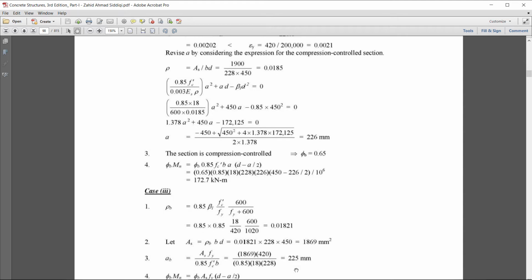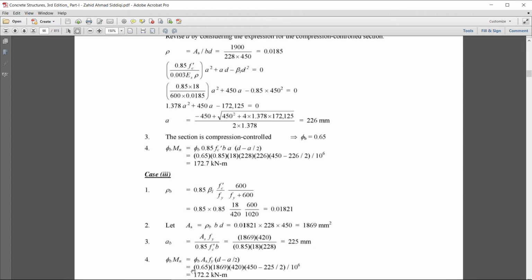So now at the end we will just calculate the moment capacity. Why are we using Fy? Because balanced failure is that failure where the failure will be simultaneous: as the steel is going to yield, at the same time the concrete will crush. So we are using Fy, and that is definitely at the exact stage when the steel yields.